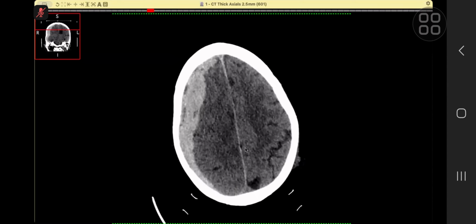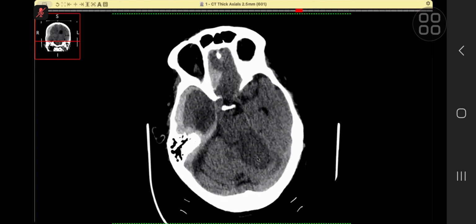Something very rare has happened, but in this case, rarely, as in a case report, transtentorial herniation can cause infarction of the contralateral superior cerebellar artery. So this is another thing which we see.